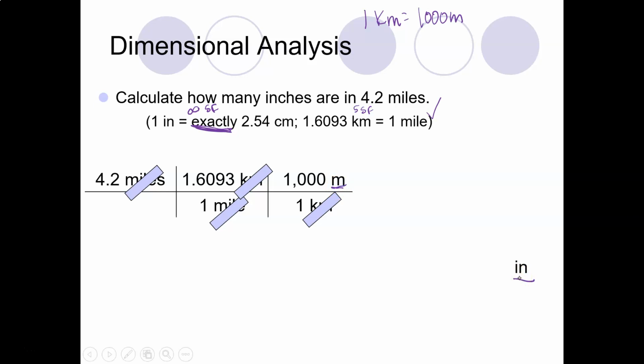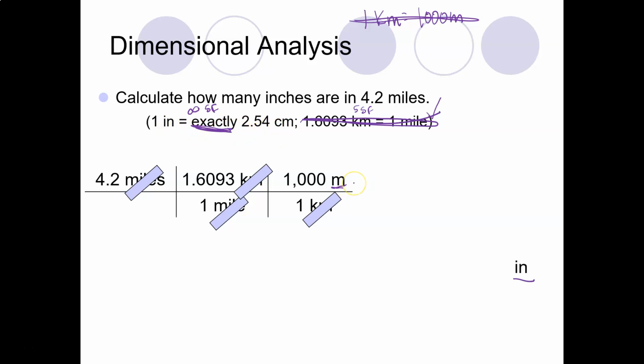No, because I need inches. So I need to cancel out meters. Well, oh my gosh, there are so many things that can cancel out meters, like an entire metric prefix table. Well, we've used this, right? We know we need to eventually get to inches. Well, according to this unit factor, don't I have to get to centimeters before I can get to inches?